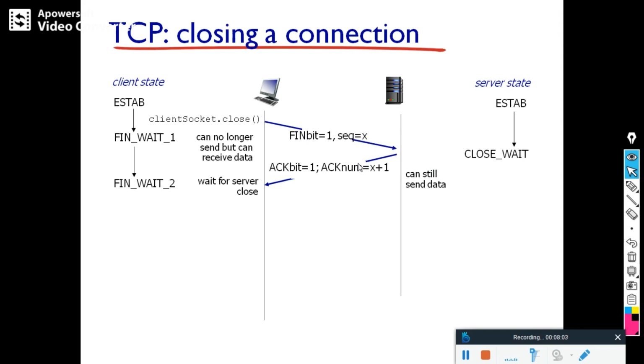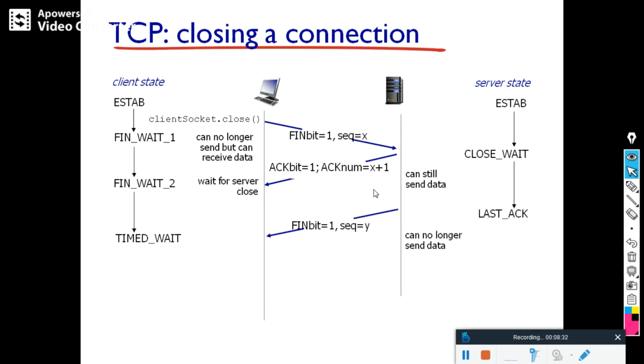It has only sent the acknowledgement for the finish segment, saying that it has received the finish segment with finish bit 1 from the client. For that it is the acknowledgement. Now the server has to send the segment with the finish bit. As soon as the client receives this acknowledgement, it will move from FIN_WAIT_1 to FIN_WAIT_2.